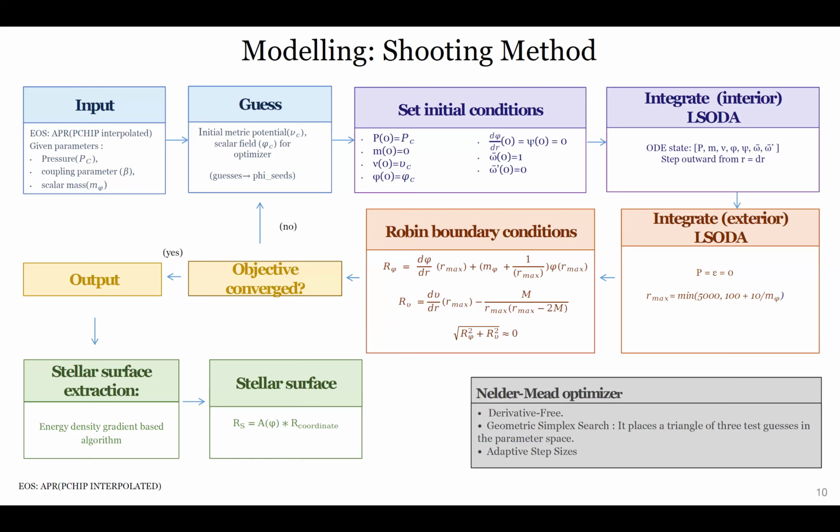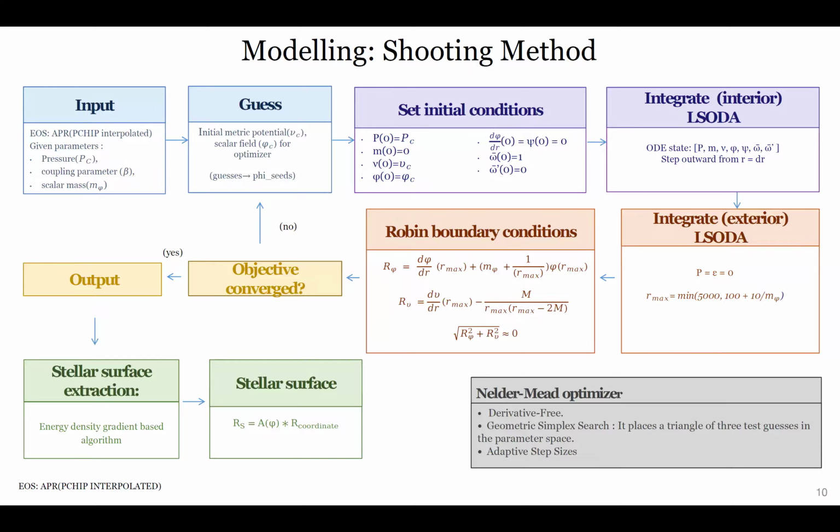When we are looking for values in different directions, the first thing we usually choose is to take the derivative and look in that particular direction. But this one is different, where we place a triangle of three guesses, and the values are shot in three different directions. They also have adaptive step sizes, making them more dependable.